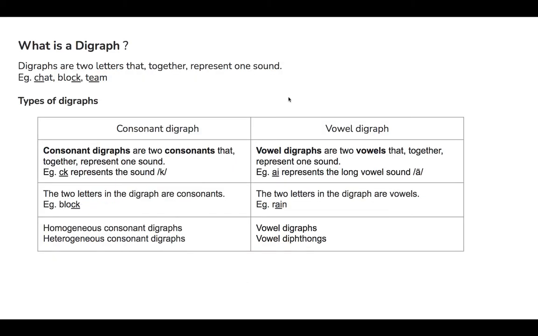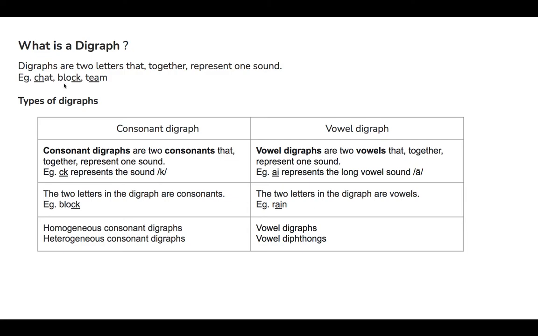What is a digraph? Digraphs are two letters that together represent one sound. For example, chat, ch, at, chat. Here the two letters C and H together produce one sound ch. So it is a digraph.